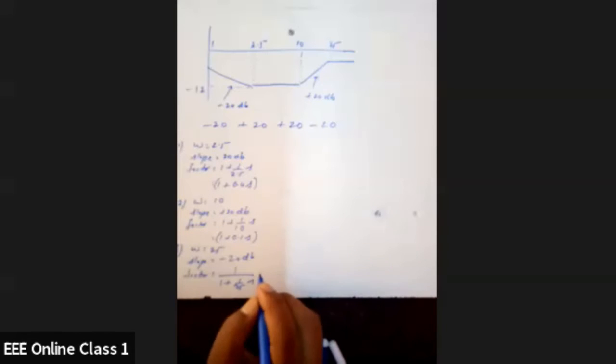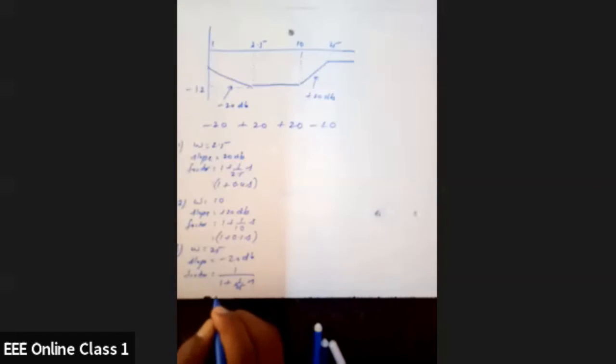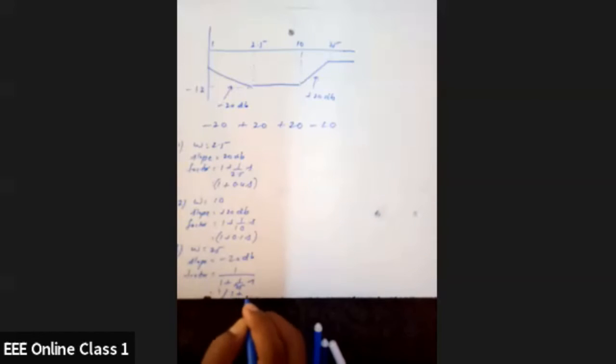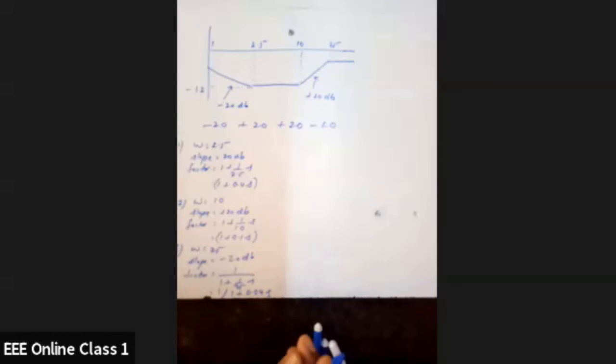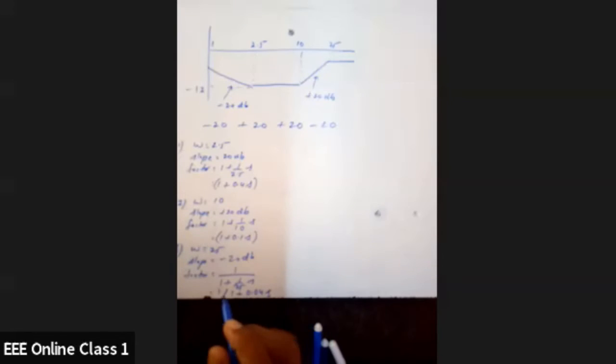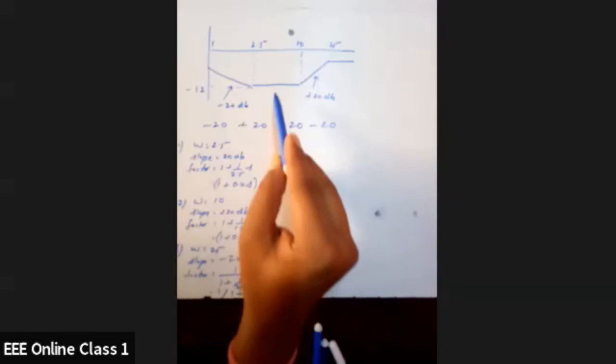So this becomes 1 divided by 1 plus 0.04 s. This is my factor which has a corner frequency of omega equal to 25. So I got three factors, 1, 2, 3.